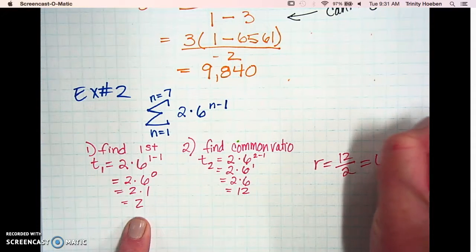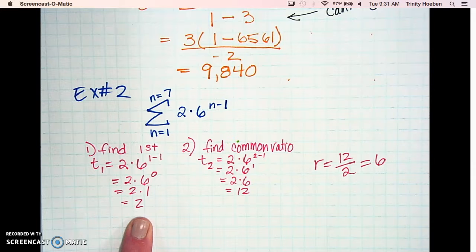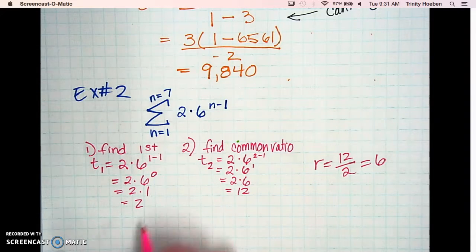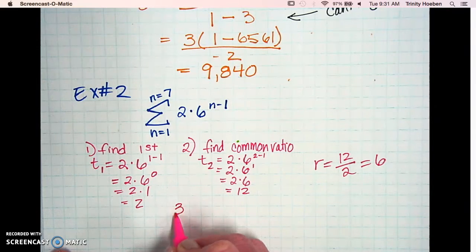That means our ratio is 6. So each time you would be multiplying by 6, right? Multiply by 6 to get the next number, okay? Once you have the value of the first term and you have the common ratio, you can plug into theorem number 2.